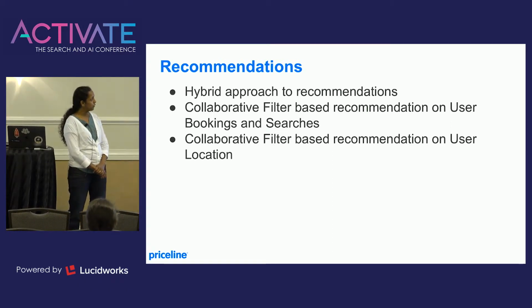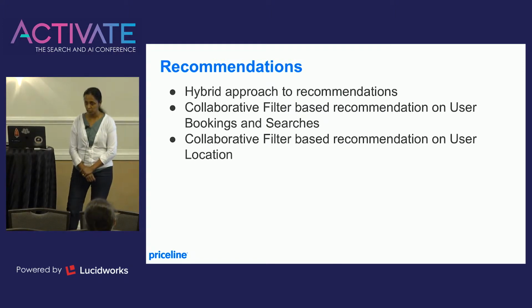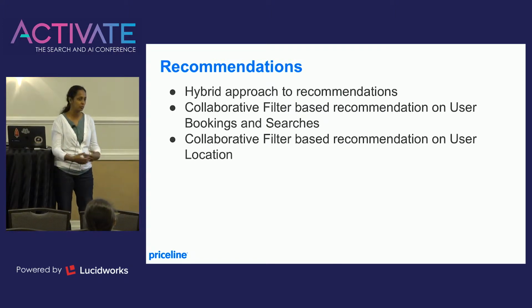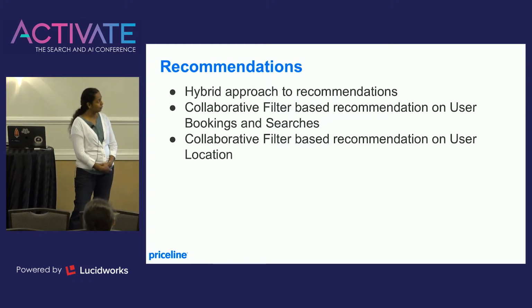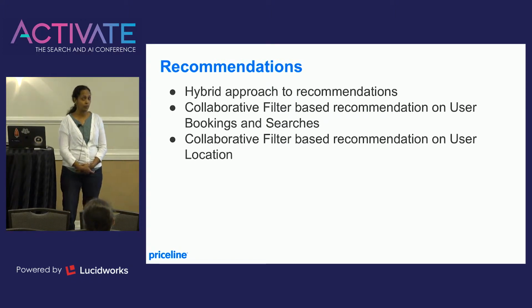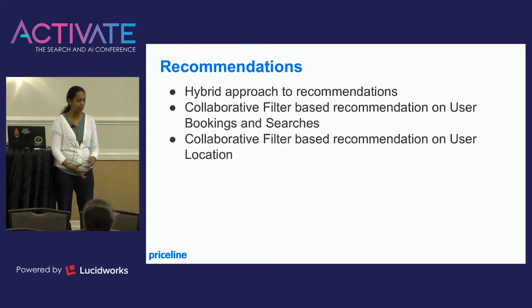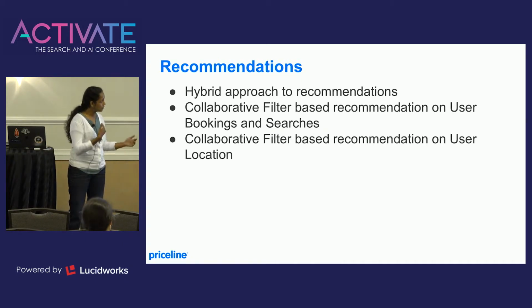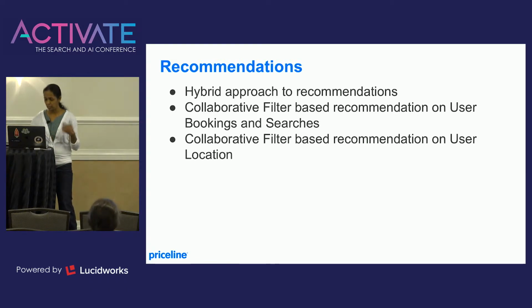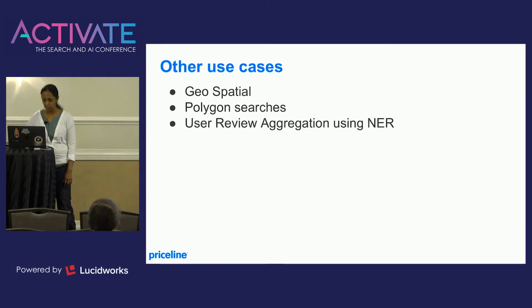And then we also do that based on the user's location. So if a user is booking from the East Coast, then we try to figure out what people in the East Coast, or in New York City, are typically doing. Where are they going? We want to recommend those destinations to the users. So it's a hybrid approach based on several recommendation engines.